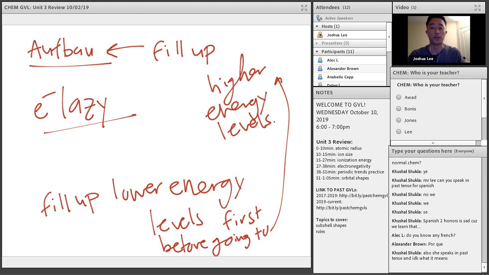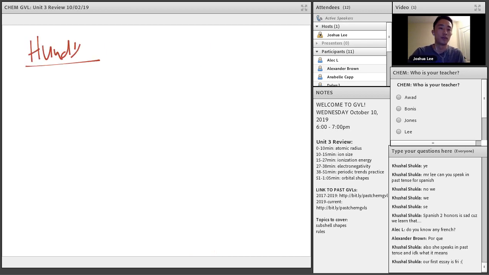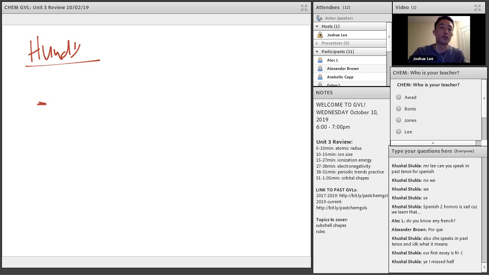So that's Aufbau's principle. They're lazy, so they want to fill up the lower energy levels first before moving on. Hund's rule, where some of you got points off. Hund's rule has two parts.